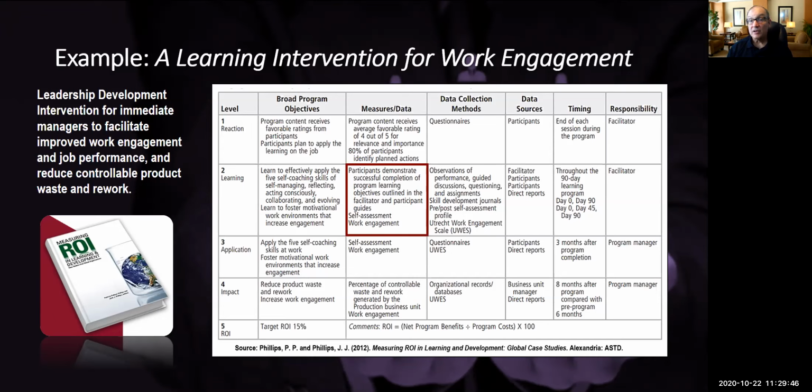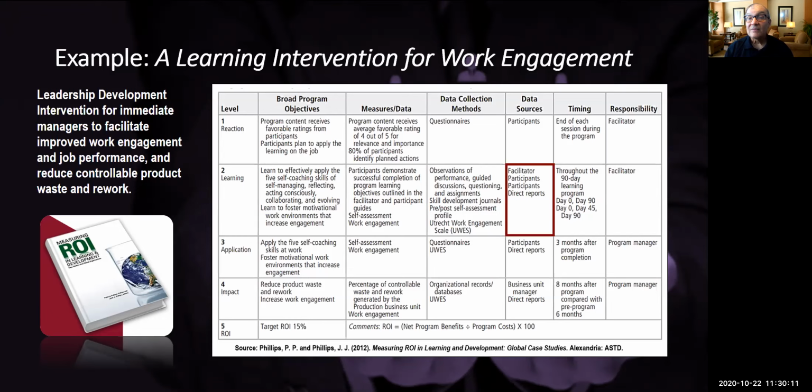Now we have to answer the question: how are we going to collect it? Observations of performance, guided discussions, questioning, and assignments, skill development journals, pre-post self-assessment profile, and the Utrecht work engagement scale. Where does the data come from? The facilitator's observations, the participants themselves.